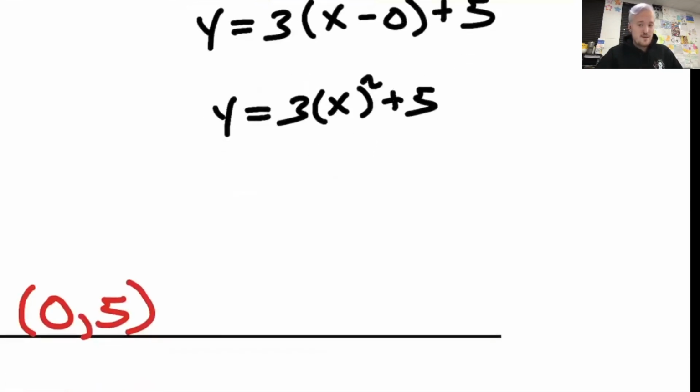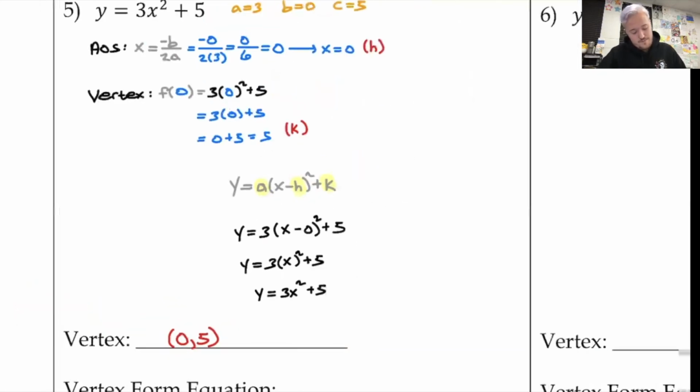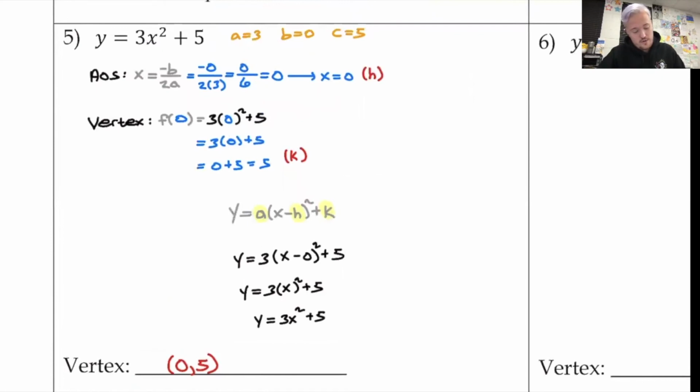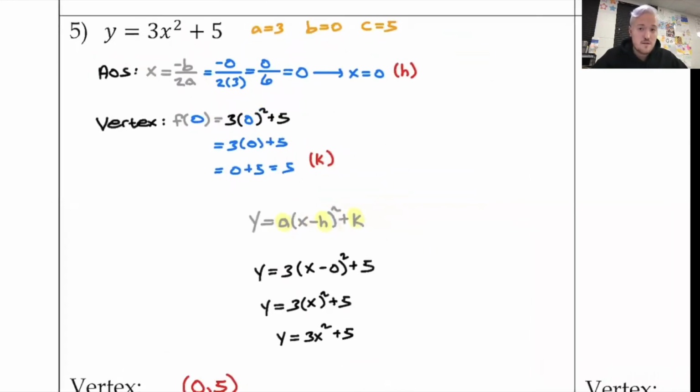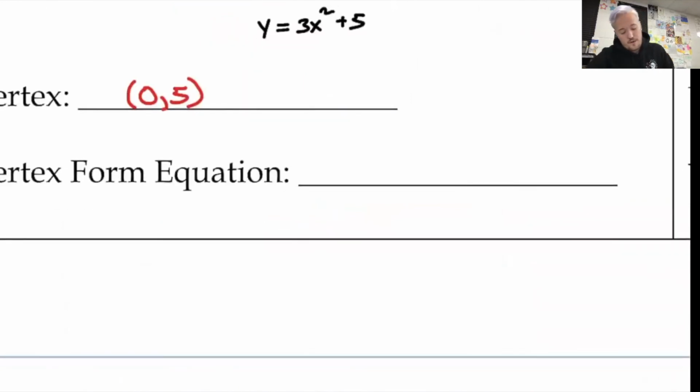Now, you should probably start noticing something. If I have a single value in the parentheses, I don't need those parentheses, so I can just drop them. So I just have 3x squared plus 5. Well, look at your initial problem, and now look at your vertex form. It's the exact same. I know, hold your applause. The point being here is if the b term is missing, it's already in vertex form. So congratulations, you did math to get the same thing. So your vertex form equation here is just the initial question.